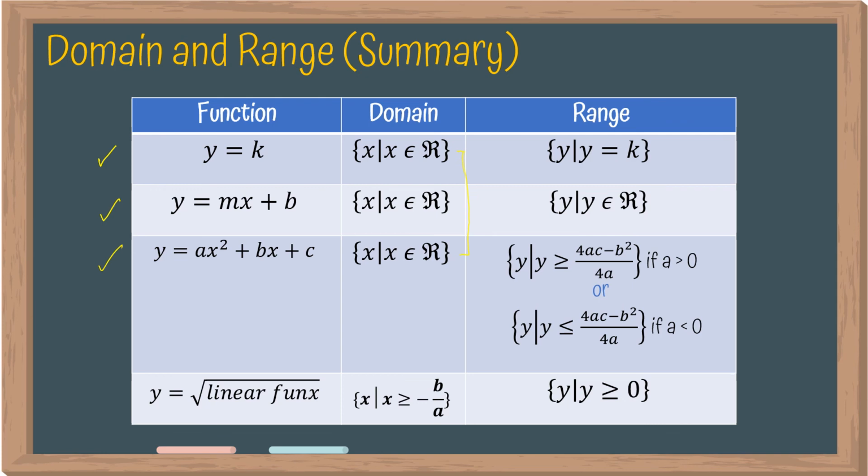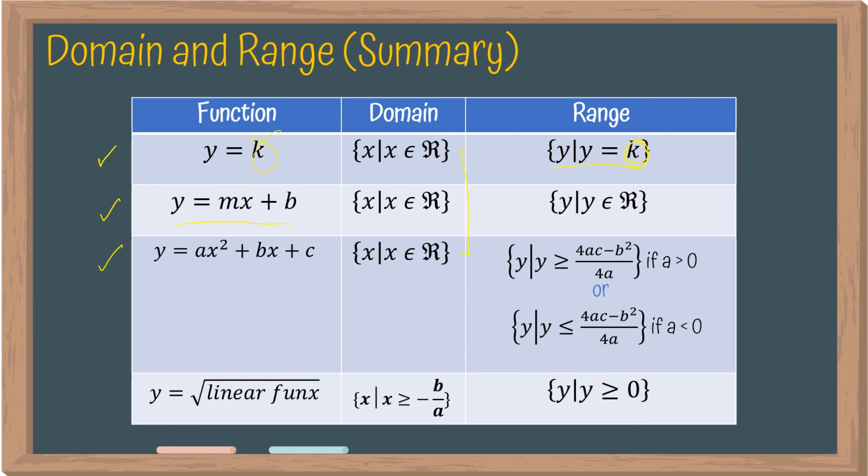The difference shows up in our range. If it is a constant function, y is equal to k, our range will be y such that y is equal to that given value of k. Whatever value is given for k will be the value that we write on our range. For the second one, y is equal to mx plus b, our range will be all real numbers as well.